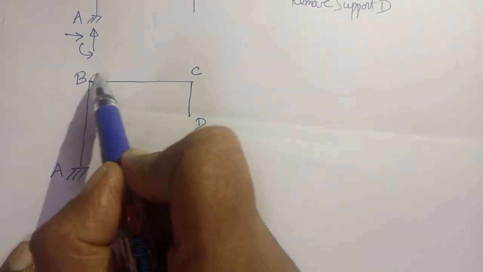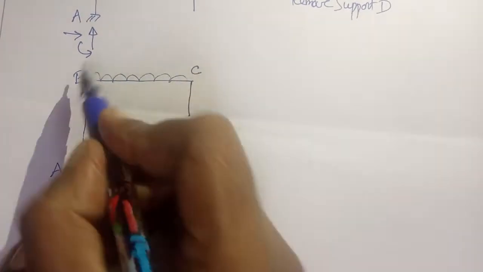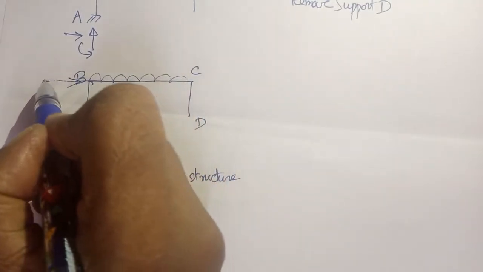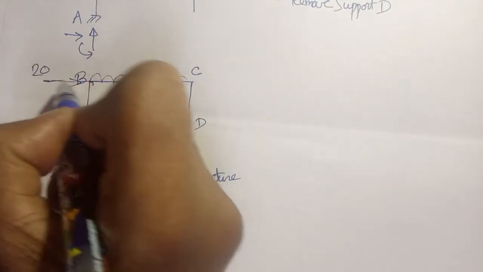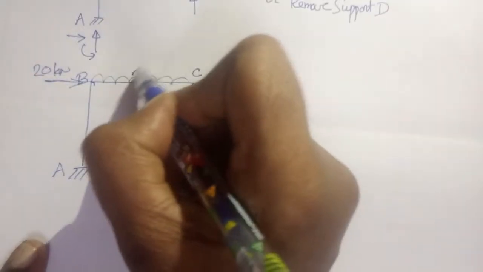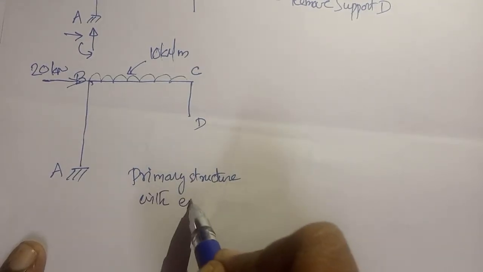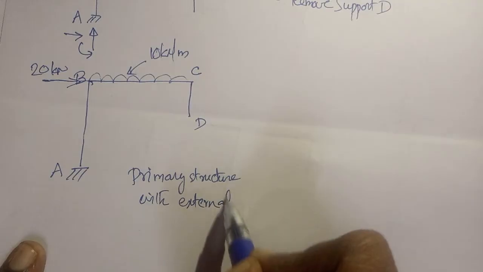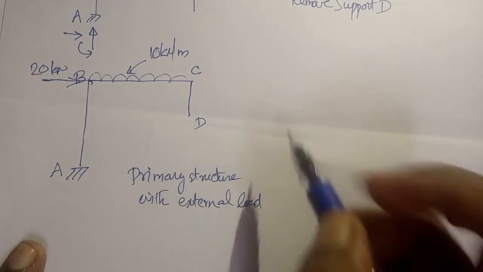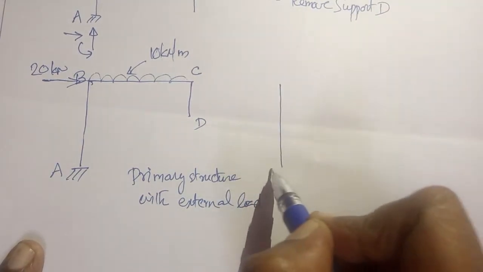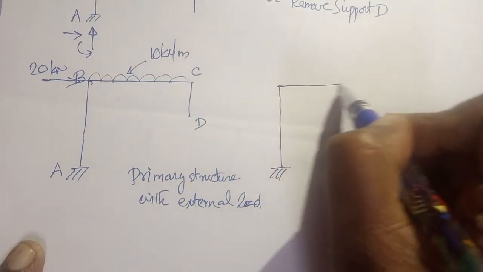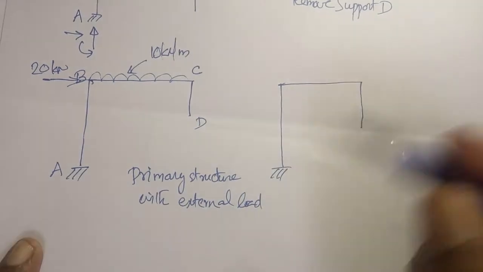Mark the external load. This 20 kilonewton, 10 kilonewton per meter length. So this is the primary structure with external load. This is the primary structure.